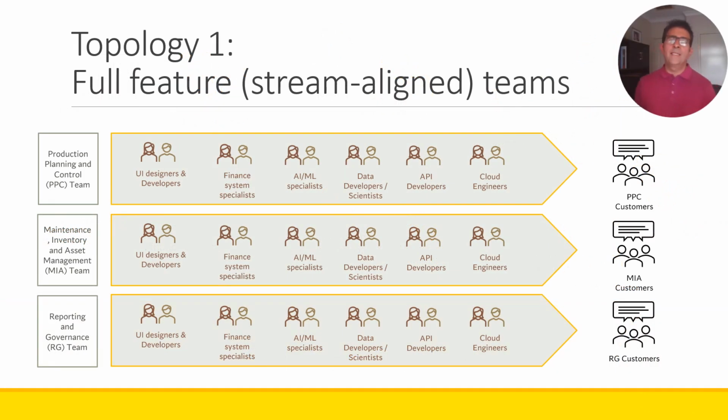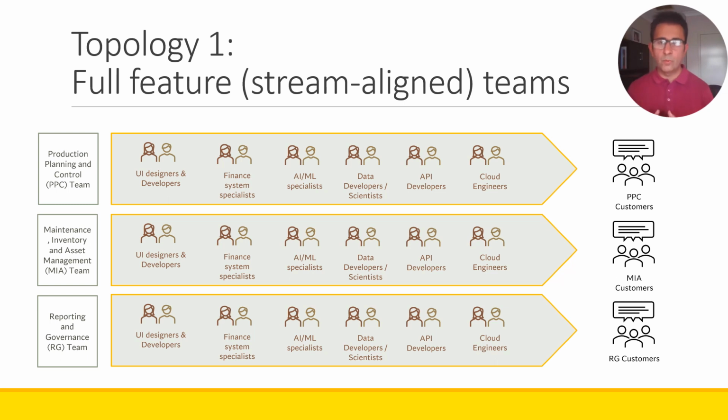So let's look at the first possible topology, and that is normally referred to as feature teams, or in the most recent vocabulary, stream-aligned teams. The key aspect of stream-aligned or feature teams is that we want them to be as cross-functional as possible, right?